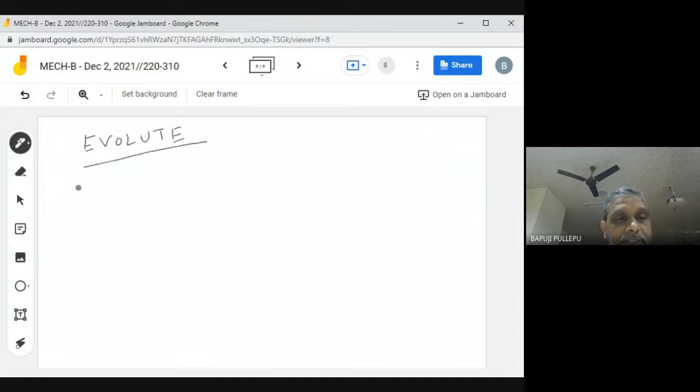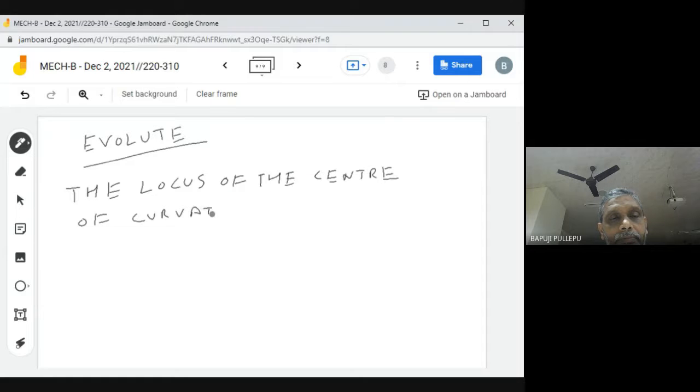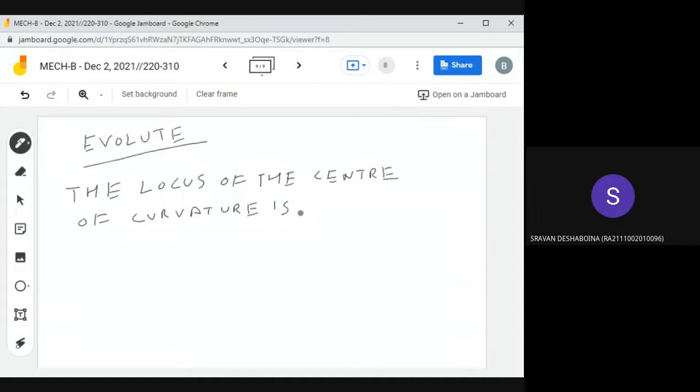What is the meaning of locus? You have already done it at plus 2 level. Locus is a set of points.